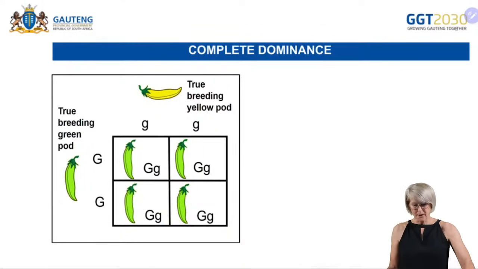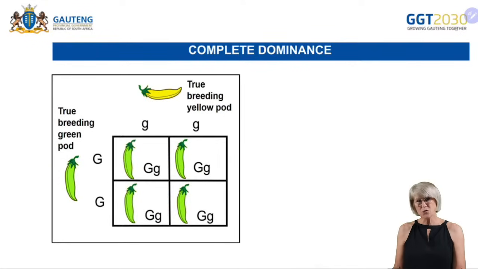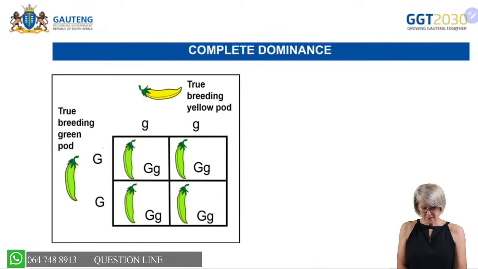Right, so true complete dominance is when we have two homozygous individuals as parents, and when you cross them, you see the one parent has the dominant alleles and the other parent has the recessive alleles.